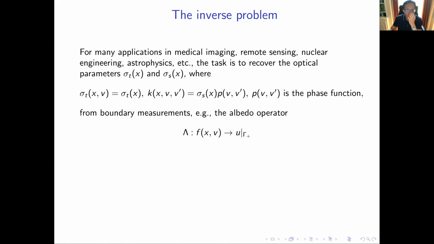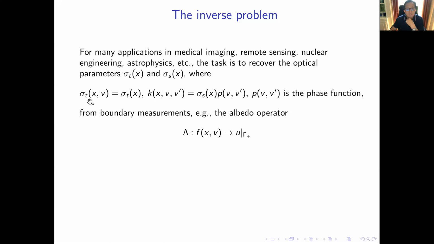Of course, when we talk about real applications, we are interested in parameters which have physical or application relevance, which are the absorption and the scattering.